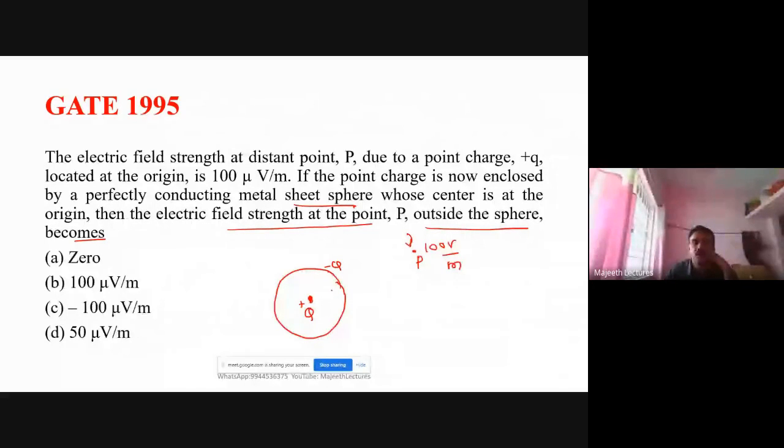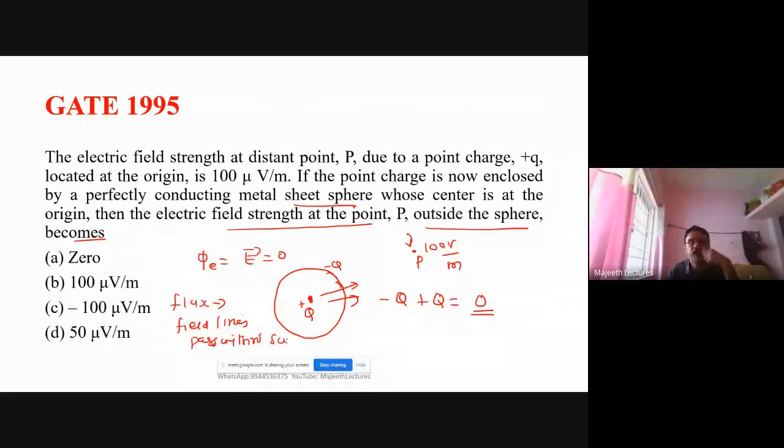So what is the total flux leaving? On the surface we have minus Q, inside we have plus Q. So what is the total flux? 0. If flux is 0, field is 0. Yes, what is the reason? Flux is nothing but field lines passing through a surface.